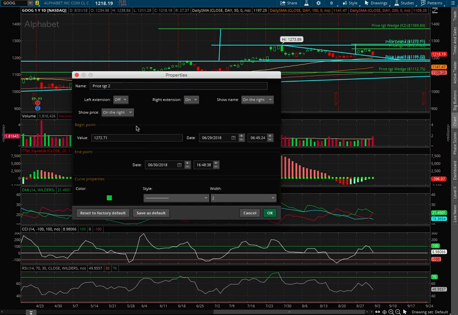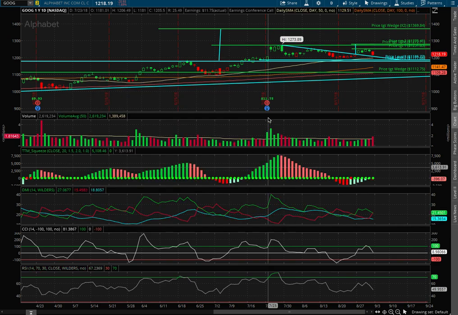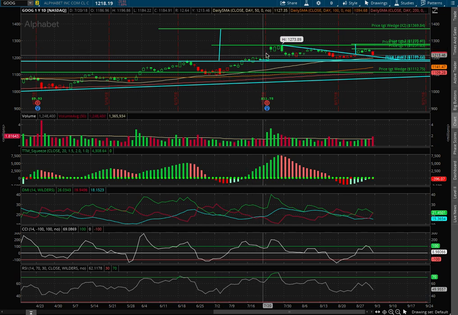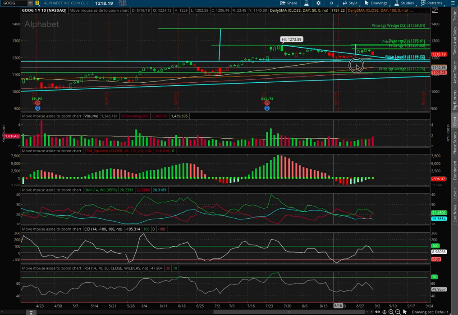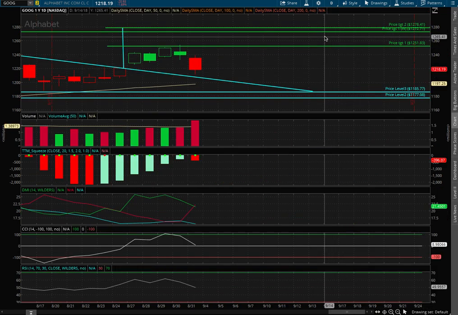Oh no, price target 1 for my wedge. So that measures perfectly with my previous high. And it almost measures perfectly with my second price target.